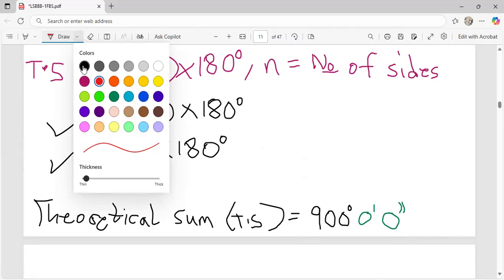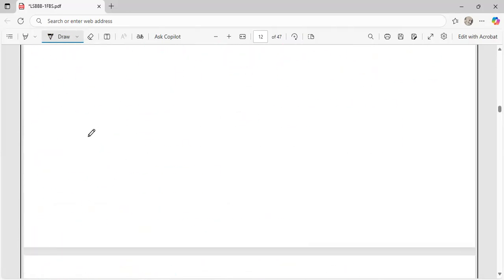So the correction that is supposed to be applied to each angle also has a formula.